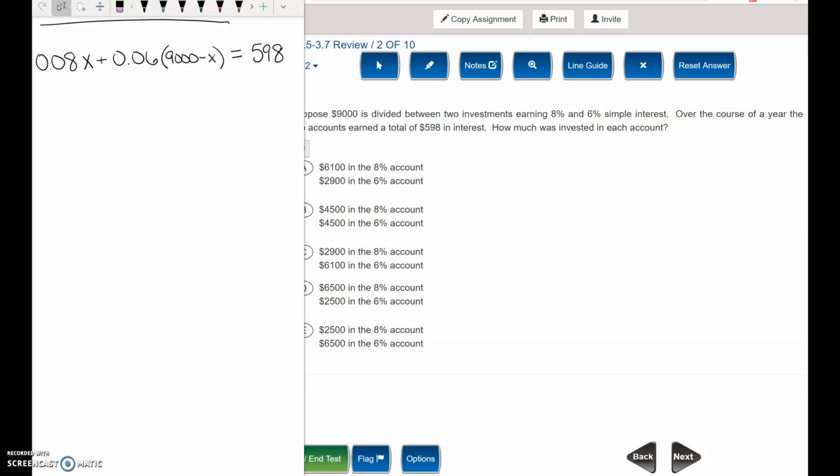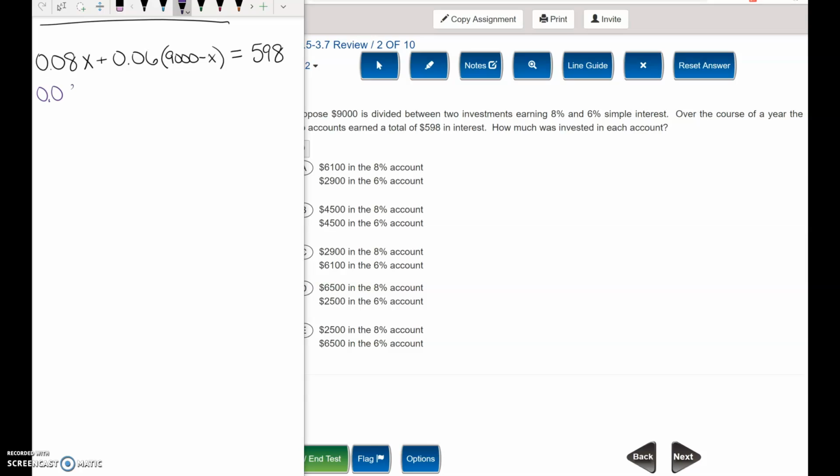So always do the first account times X, the second account times the total minus X, equals the total amount of interest that you earned. Then we're going to distribute, combine like terms, all that good stuff.